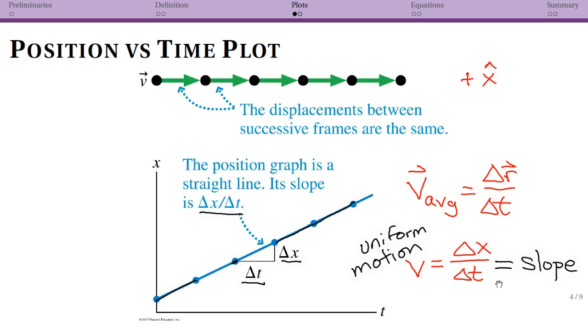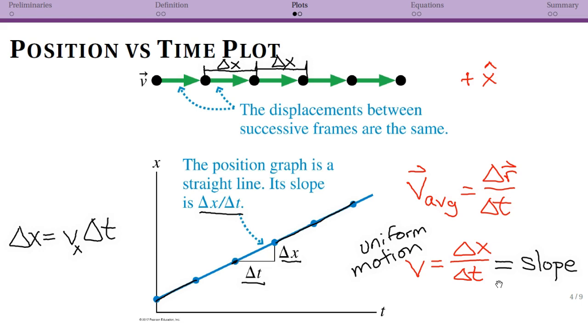Another way to think about this is that each time interval up here on the motion diagram, we actually had the same delta x. And that would make sense since we can also now write our equation as our change in position is equal to our speed in the x direction, I'll just label it, or velocity, times our delta t.